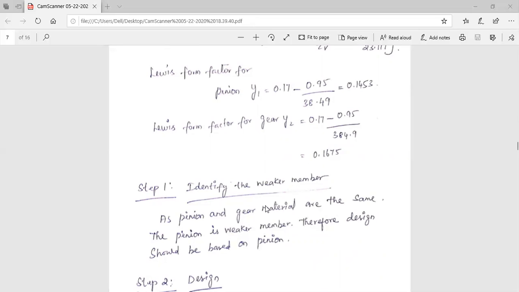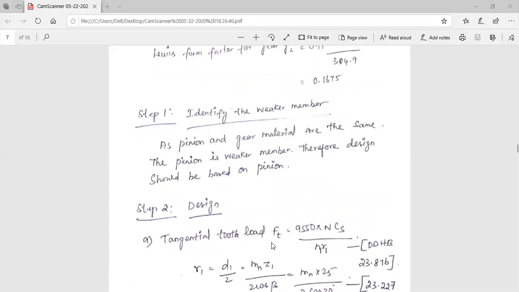Therefore the design should be based on the pinion, since we design based on the weaker member only. So first, step one, we identified the weaker member. Now we design the helical gear based on the pinion only. Step two, design.